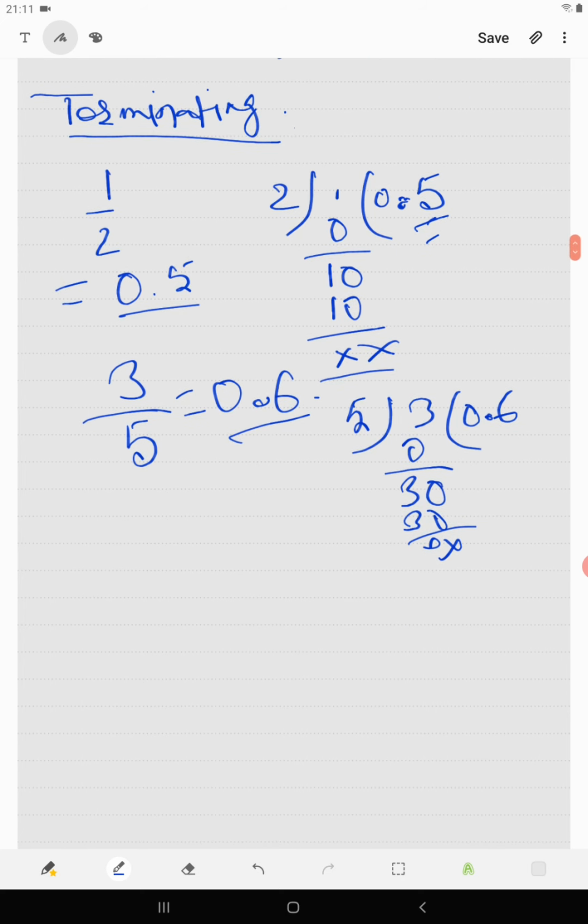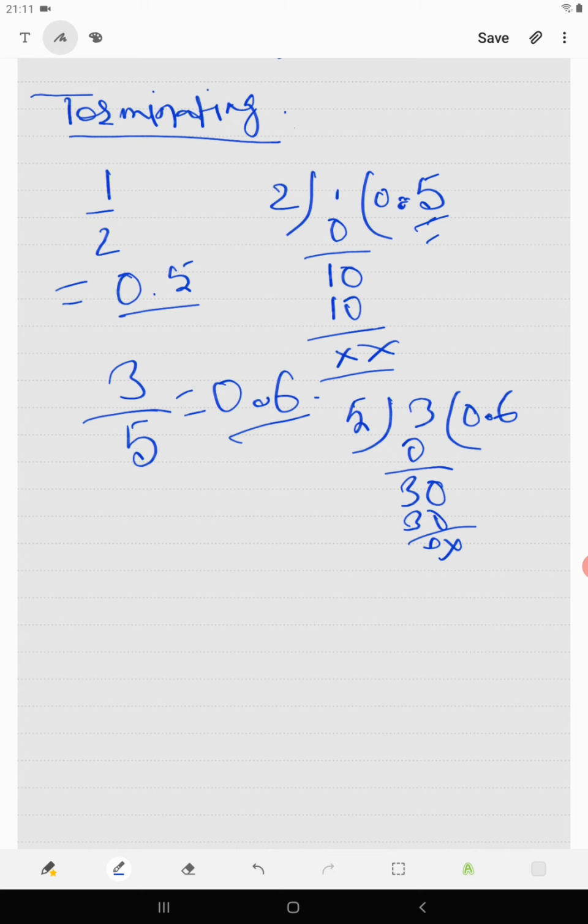Okay. And the funda is how you will distinguish, how you will know that a given fraction is terminating or not. This is very important. If some fraction has been given to you, how will you understand that it's a terminating fraction?